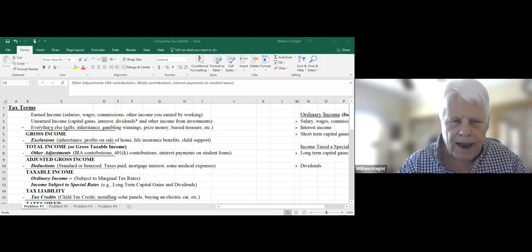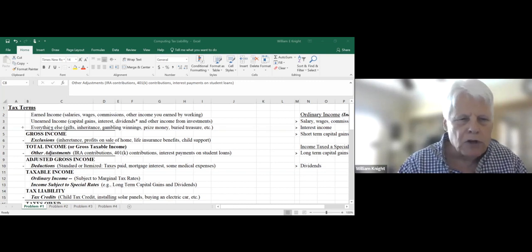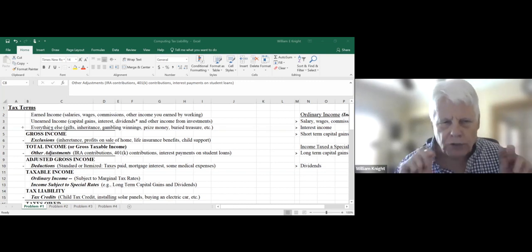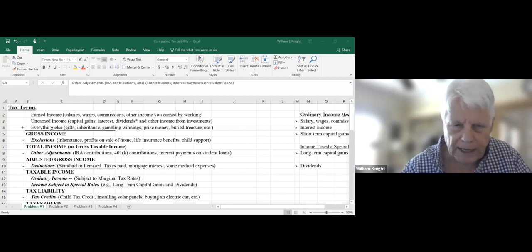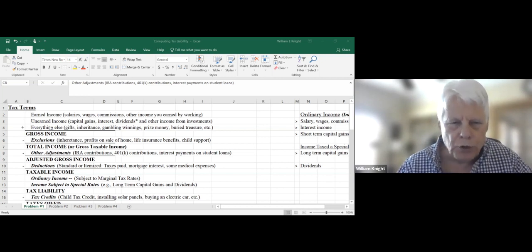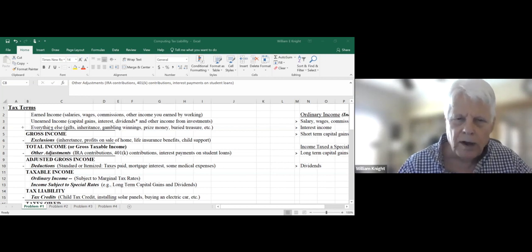Now, from your gross taxable income, you can subtract the following adjustments. The adjustments include your contributions to your traditional retirement accounts. That would be the traditional IRA and the traditional 401k. Also, interest payments on student loans. These are also adjustments. And there are some others that apply.